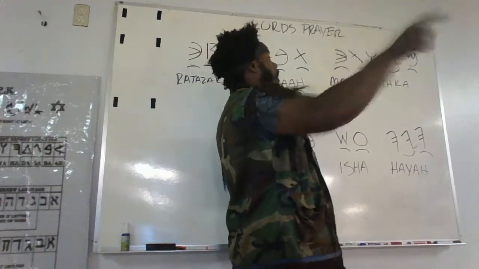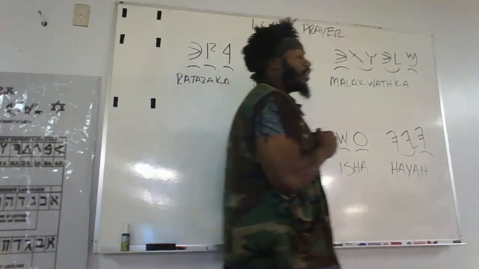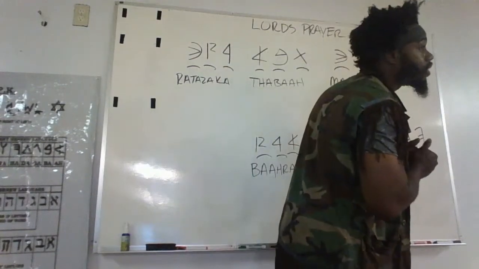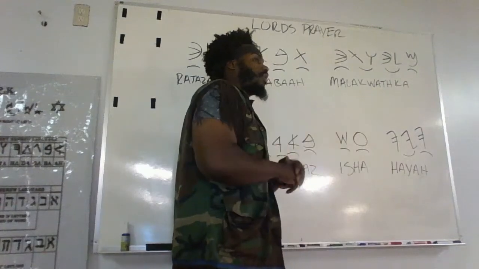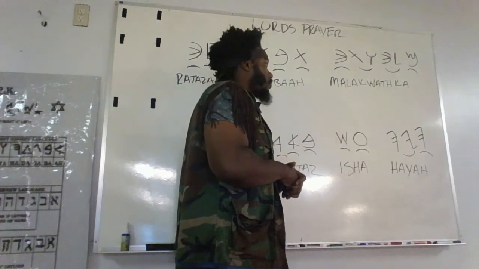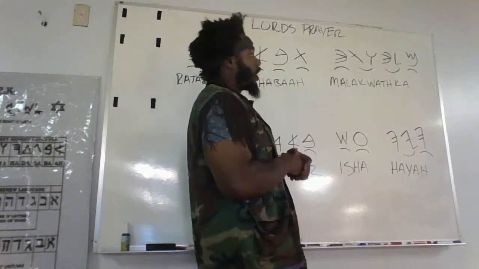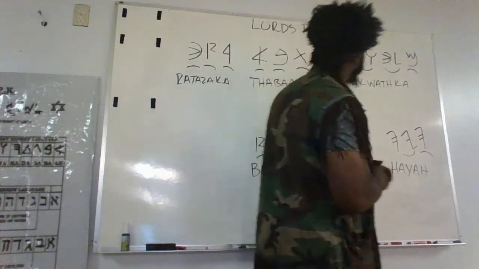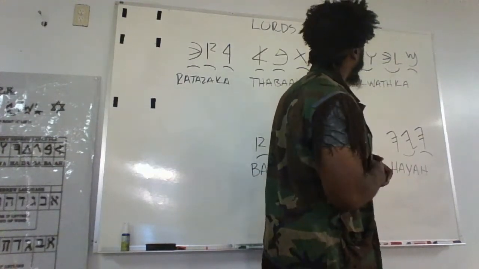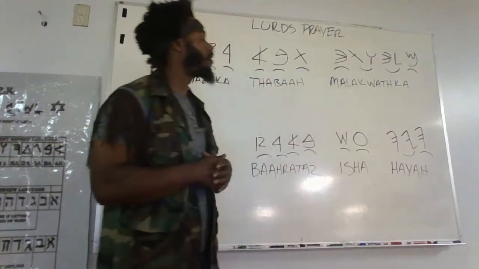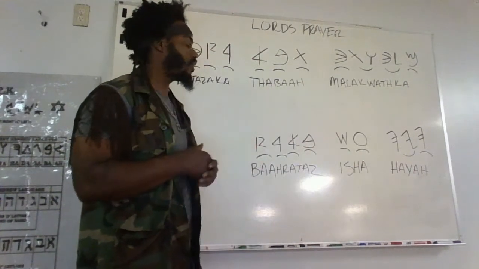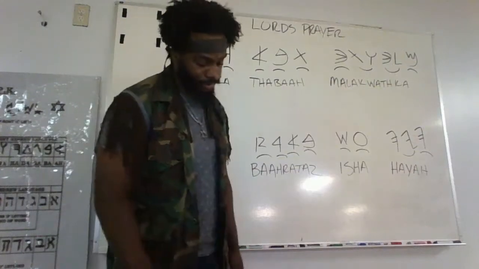Now, Shai, you went all the way wrong. It lets you know what the prefixes and suffixes are, but not necessarily. So let's take a shot. Is there a prefix or suffix in malak with ka?